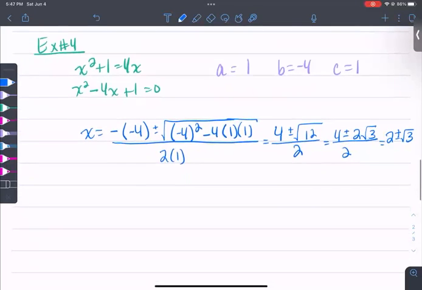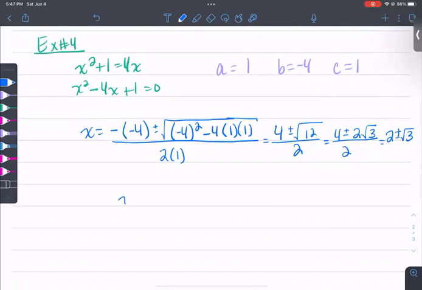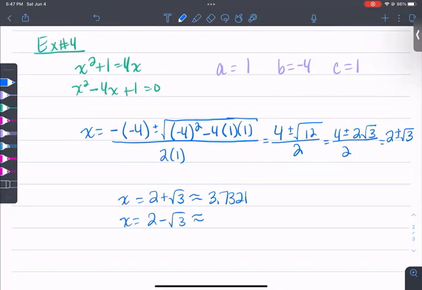So if this were a problem where you needed decimal values for the answers, you would use your calculator and do 2 plus the square root of 3, which is 3.7321, and 2 minus the square root of 3 is 0.2679. So this plus or minus just gets separated to give you the two solutions.